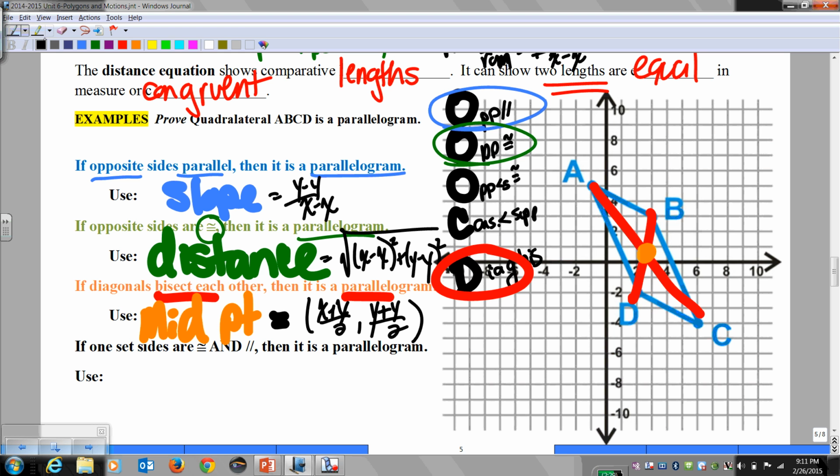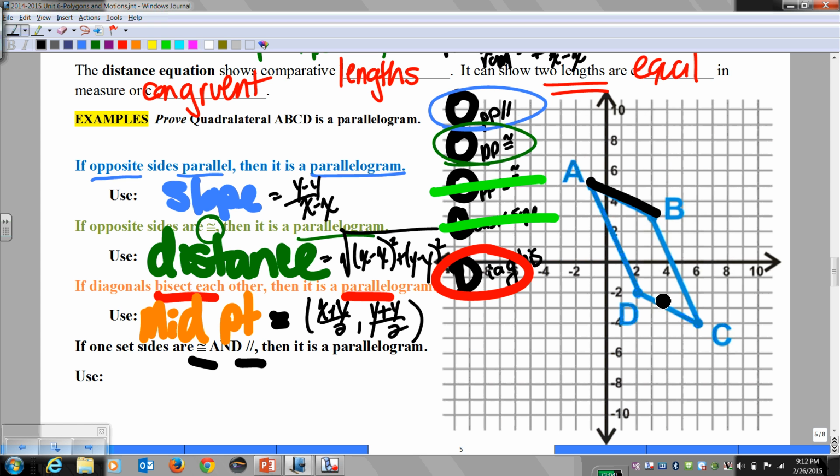That's that third one. No equation will show that opposite angles are congruent or that consecutive angles are supplementary. So those two we can't use on a coordinate plane to show parallelogram. But we could show right here one set of sides that is both congruent and parallel.